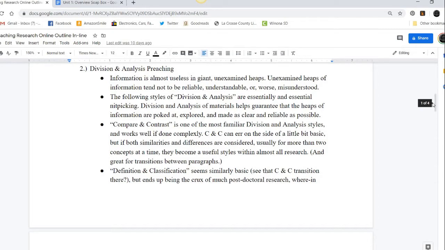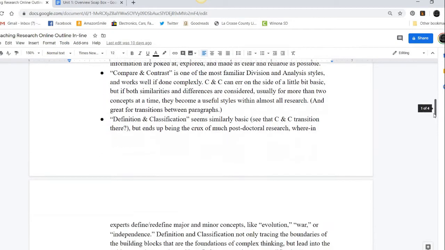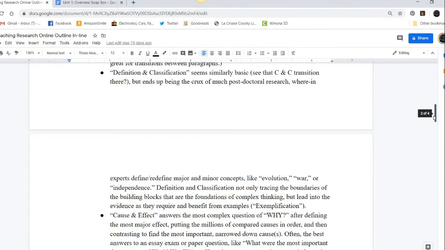Definition and classification is another version of division and analysis that's really important, especially at upper levels, because you have to take topics that are really important in your field. I actually am struggling to come up with business terms. I only know things like biology and history and psychology.